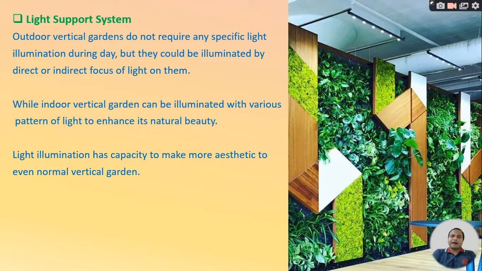Outdoor vertical gardens do not require any specific light illumination during the day, but they could be illuminated by direct or indirect focus of light on them during the night to create various patterns. Various colors of light can be used to create very specific effects at night for outdoor vertical gardens also. Indoor vertical gardens can be illuminated with various patterns of light to enhance their natural beauty. Light illumination has the capacity to make even a normal vertical garden more aesthetic.